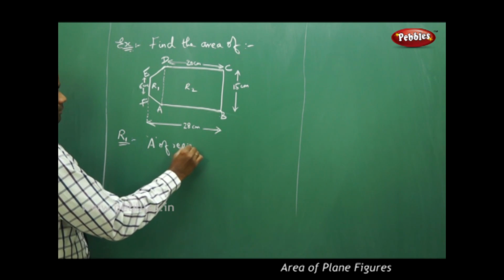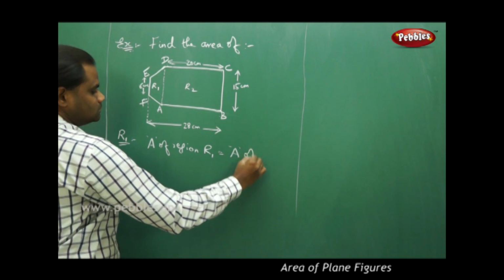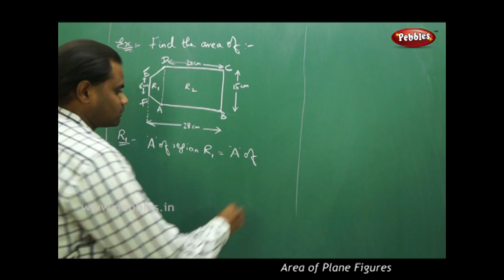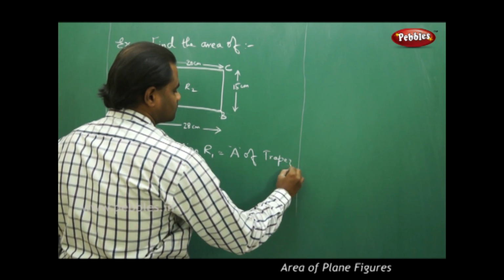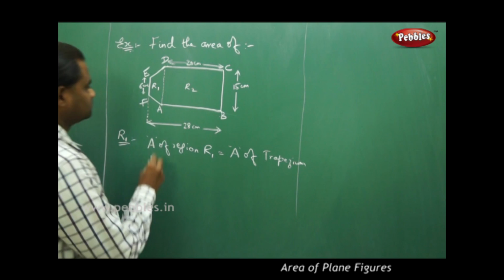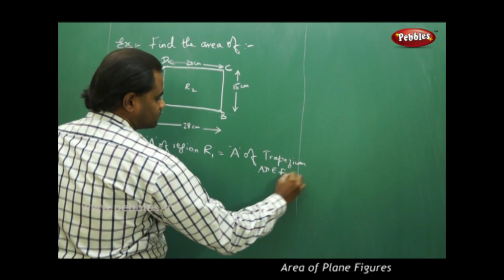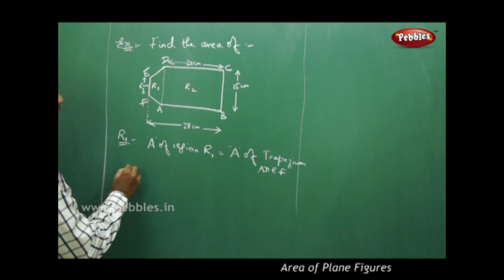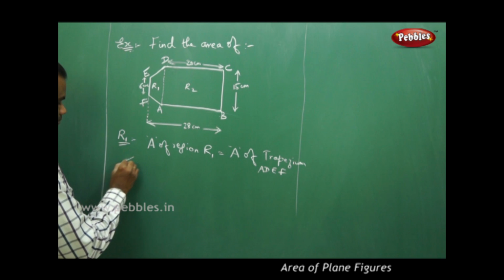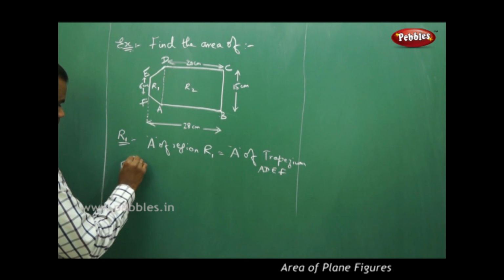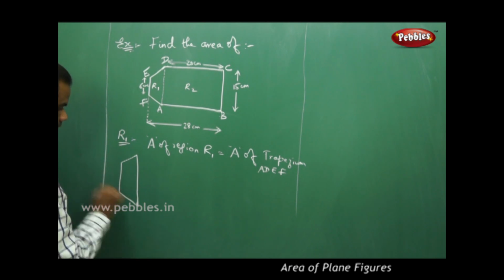So coming to R1, I identify that the area of region R1 is nothing but the area of trapezium ADEF. As I draw the diagram here, I can see that this is the trapezium ADEF.